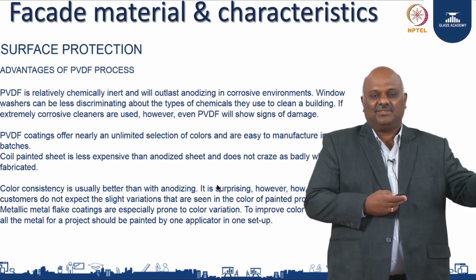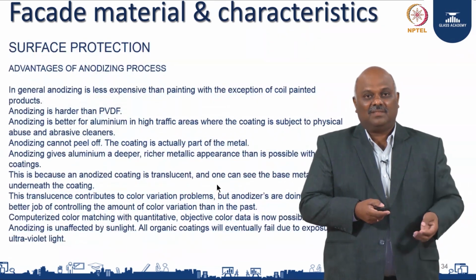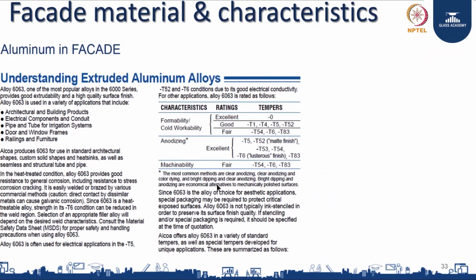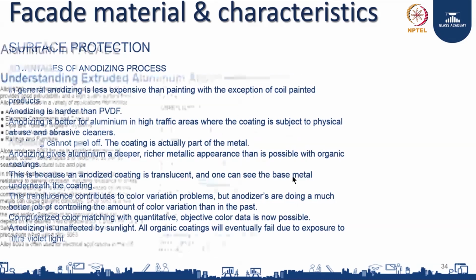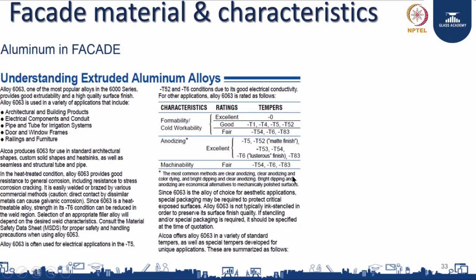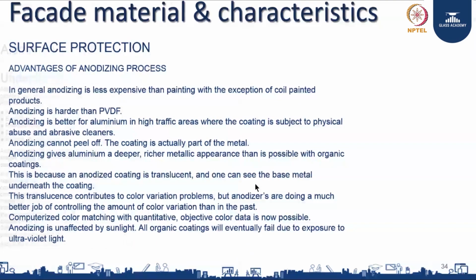So, we saw aluminum as a material. When you go back to aluminum, it's not simply that you take aluminum and use it. If you see here, there is a code, right? What they do here is temper the aluminum to make it stronger.